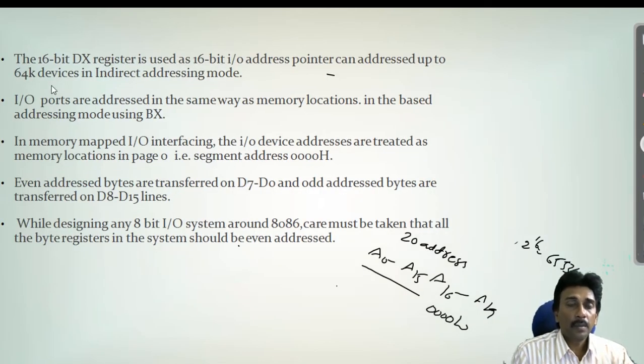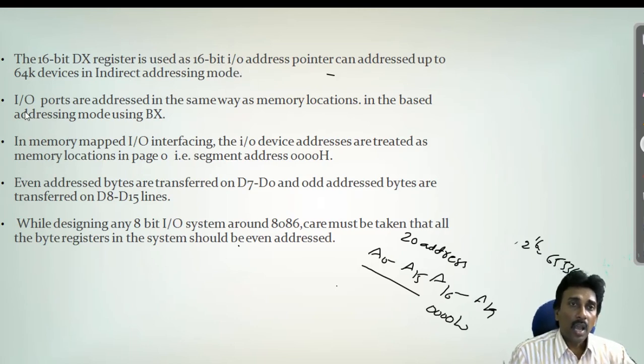Next, the 16-bit DX register is used as a 16-bit IO address pointer and can address up to 64K devices in indirect addressing mode. In order to access external hardware devices, to map the hardware devices to the 8086 microprocessor in indirect addressing mode, we use the DX register to point to the 16-bit IO address.